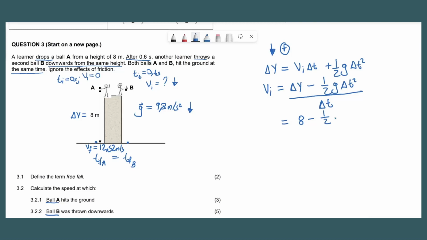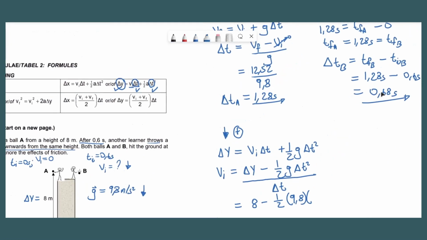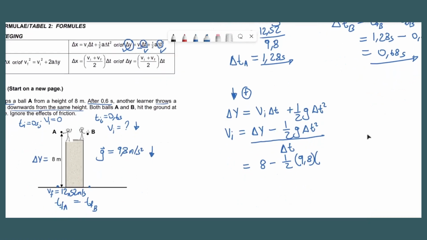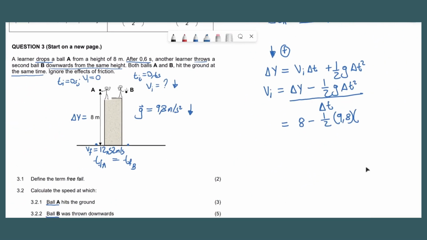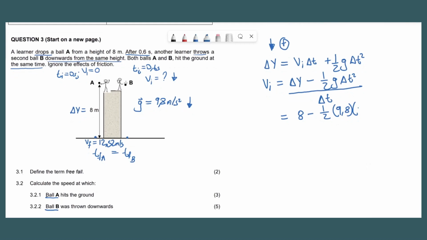So minus half multiplied by g, which is 9.8, and now multiplied by our delta t squared, which we have calculated and found that it's 0.68 seconds for ball B. And so we write 0.68 seconds squared. And then we divide by delta t, which is 0.68 seconds. And that should give us the initial velocity of ball B.